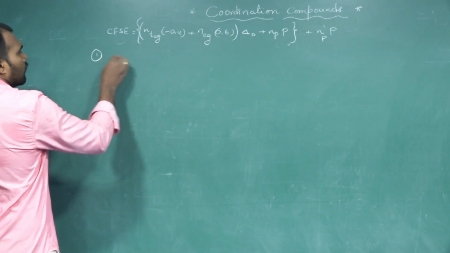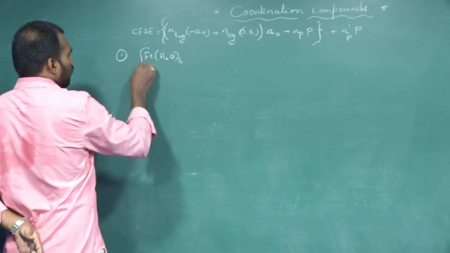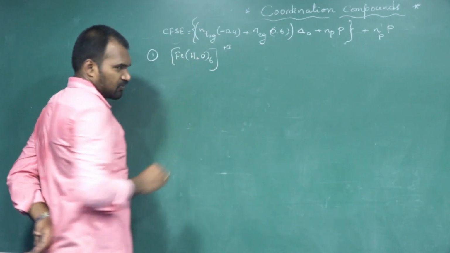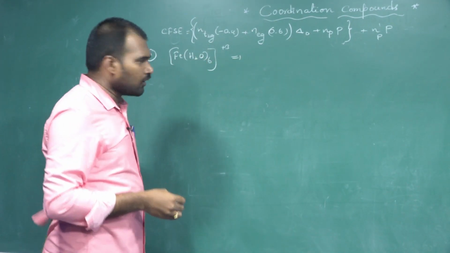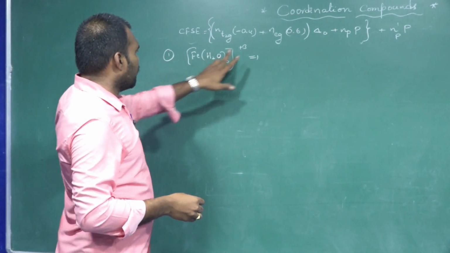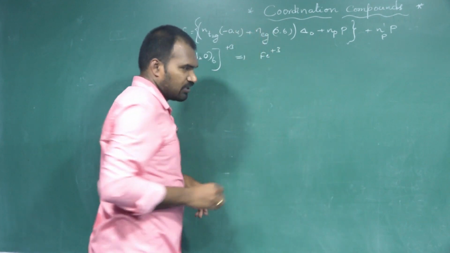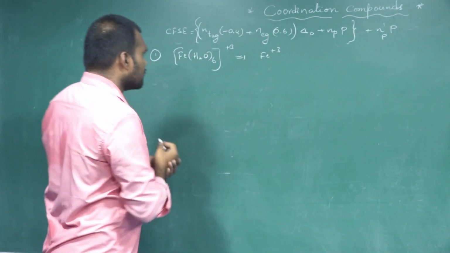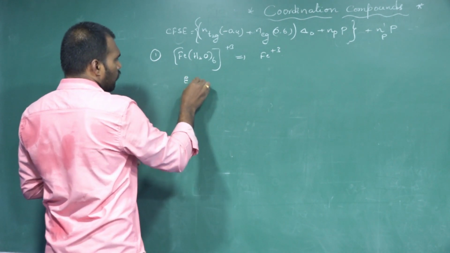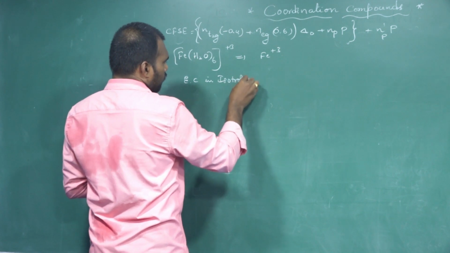First I am taking the hexa-aqua iron +3 complex. Water is a neutral ligand, so iron gets the charge of the complex, that is, iron is in the +3 oxidation state. If iron is in +3 oxidation state, what is the electronic configuration in the isotropic field?